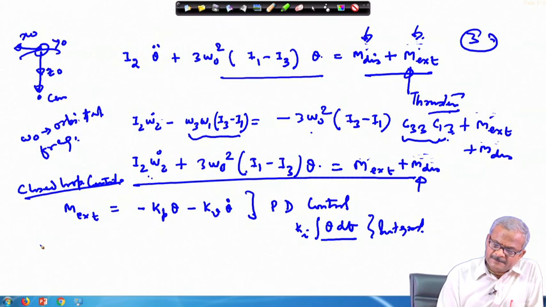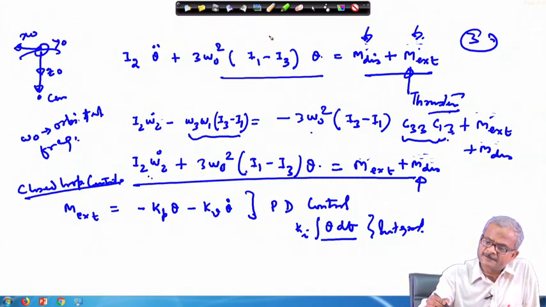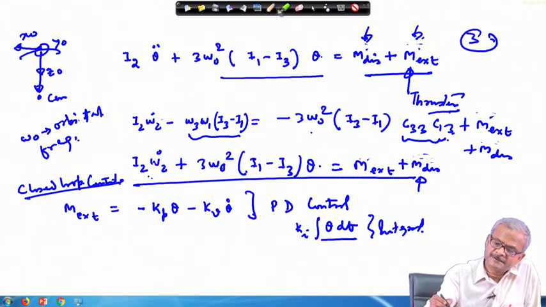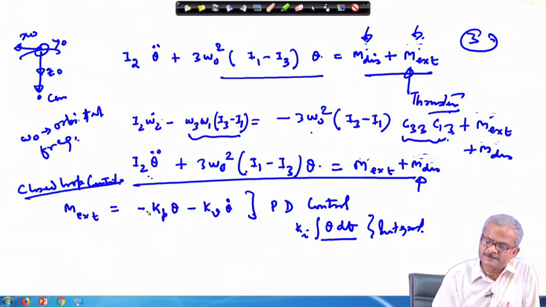So, if we insert here in this particular equation, in the linearized form, this one is appearing as theta double dot. Theta 2 in this case is theta double dot. So, this is the linearized case.